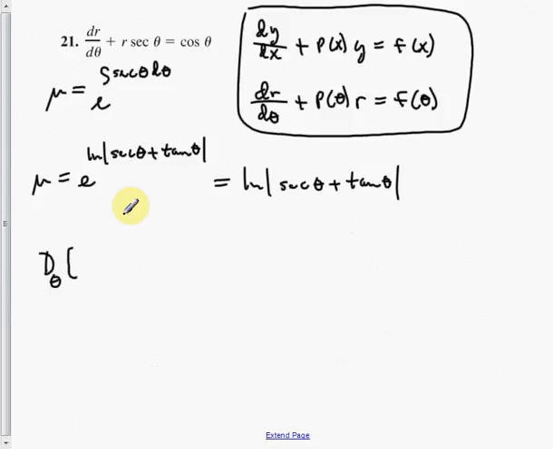Here the dependent variable is r, so I'm going to write that first, r times the natural log of the absolute value of secant theta plus tangent theta. Excuse me, that natural log goes out, forgive me. E to the natural log just becomes that secant theta plus tangent theta.